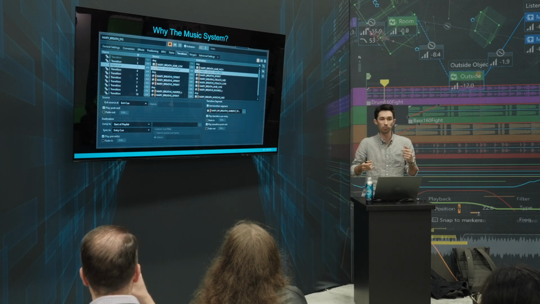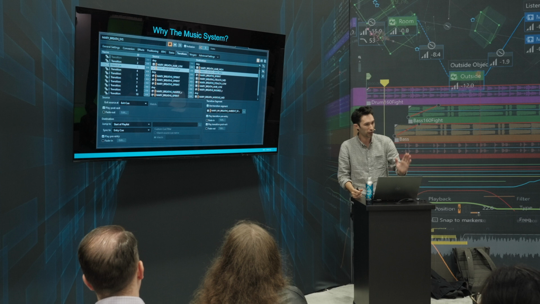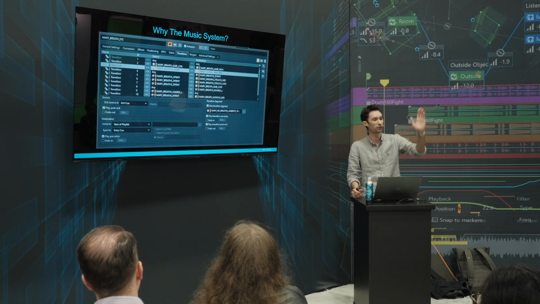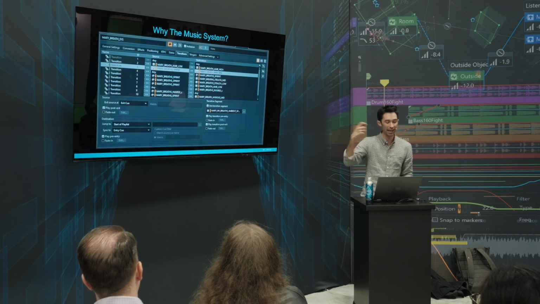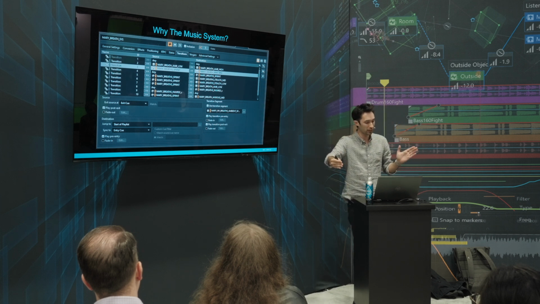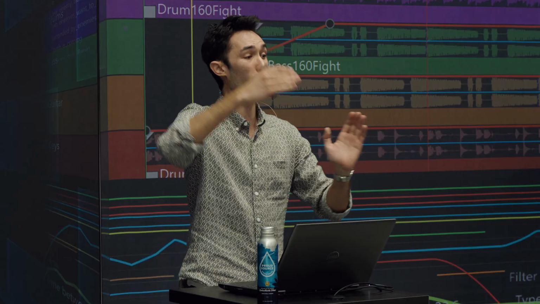The exit cues are by default these red flags placed right at the end of each clip, and they are added automatically. So by saying exit source at exit cue, we're saying play the source breath in its entirety before you transition to the next set of destination breaths. That was the rule that prevented everything from getting cut off, and that was already really exciting for us. Okay, yeah, we can do this now.